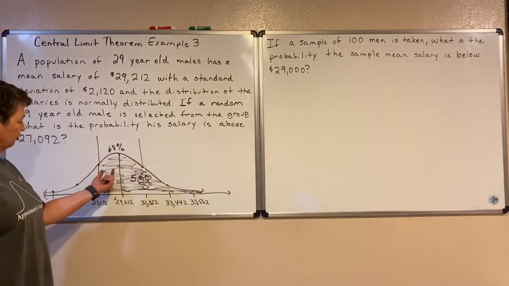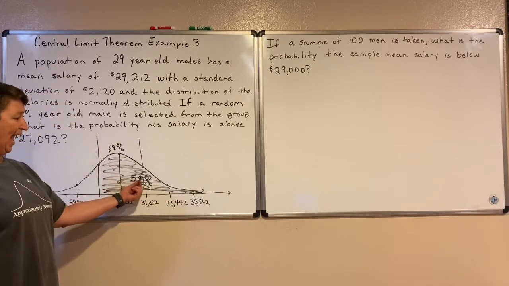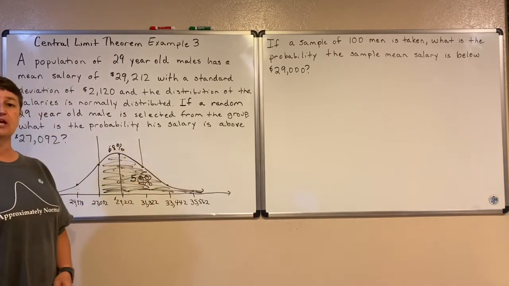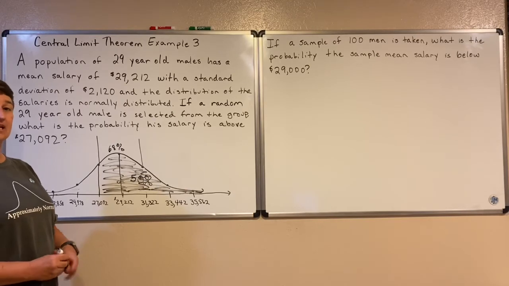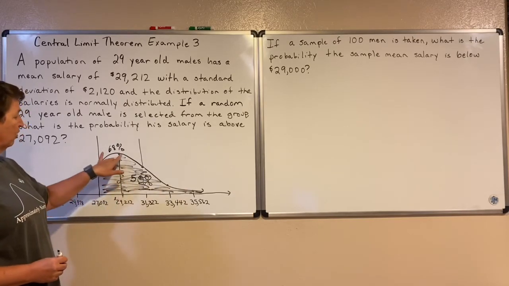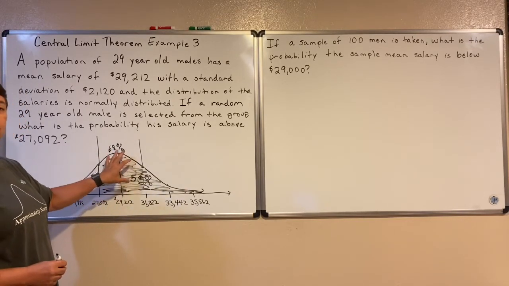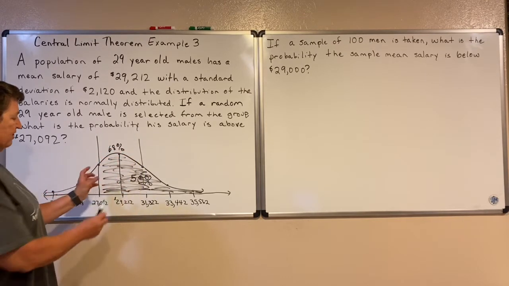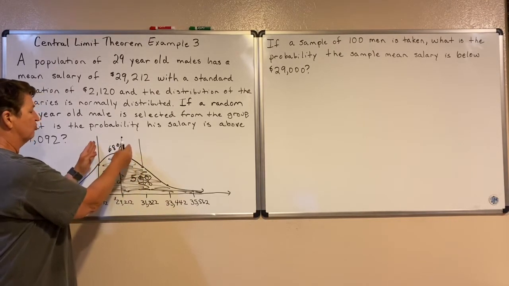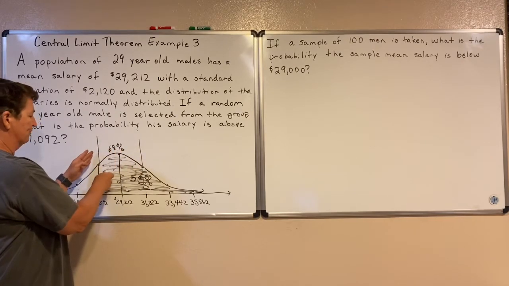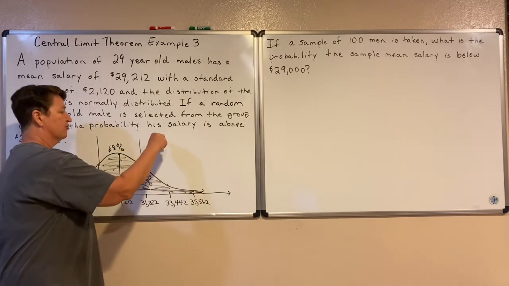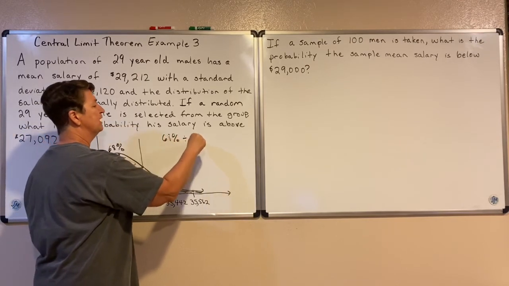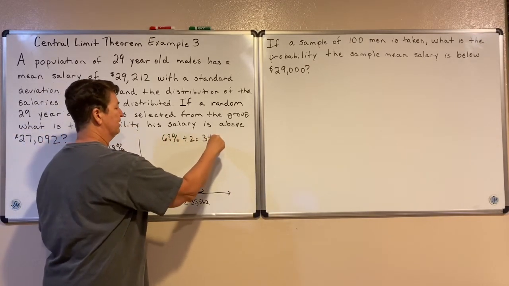If we just knew how much this piece was, I could add it to the 50% and find the probability that his salary is in there. Well, because the normal distribution is symmetric, we can cut this piece in half. So half of 68 is 34. 68% divided by 2 is 34%.